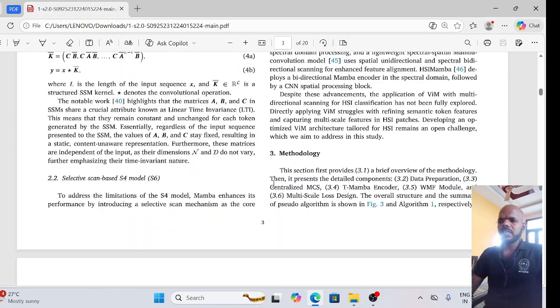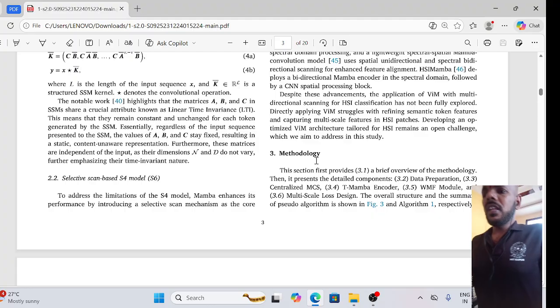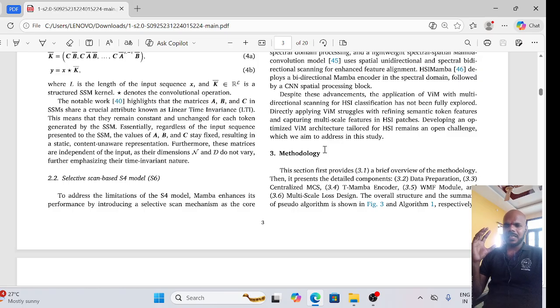Now you can see, I said proposed model, but here the name is a little different, it is methodology. So next we have to read the methodology. In the abstract you understand the theoretical concepts, very clearly what they are going to do. In the conclusion you understand the final output of this research article, right?